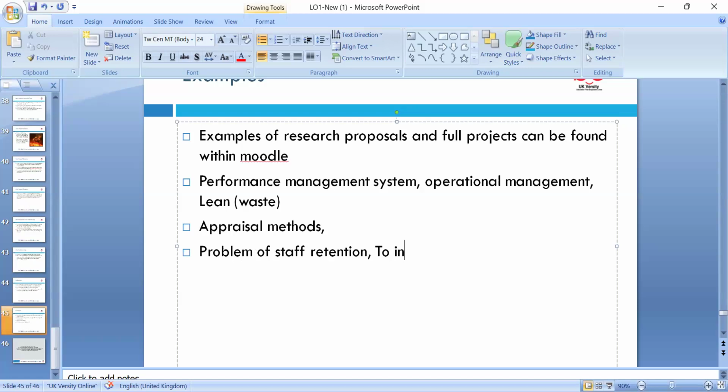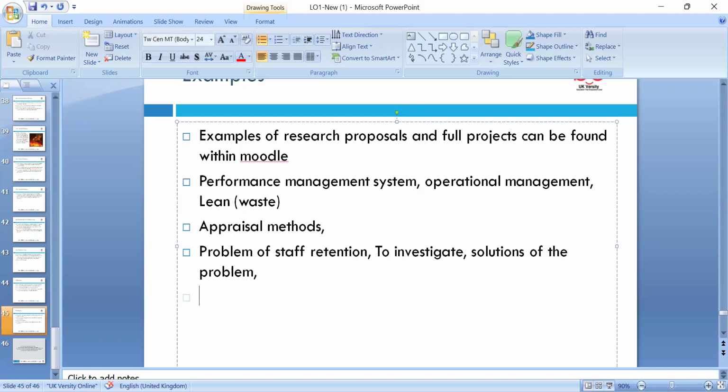What we want to investigate is the problem we have in the organization, because we want to solve the problem. We want to provide a solution to the problem. It can be many solutions. So that can be your investigation.